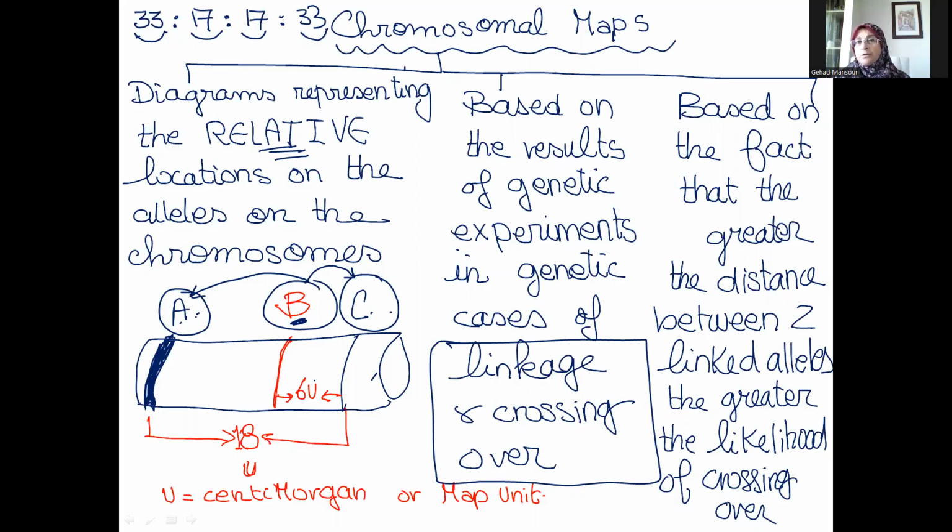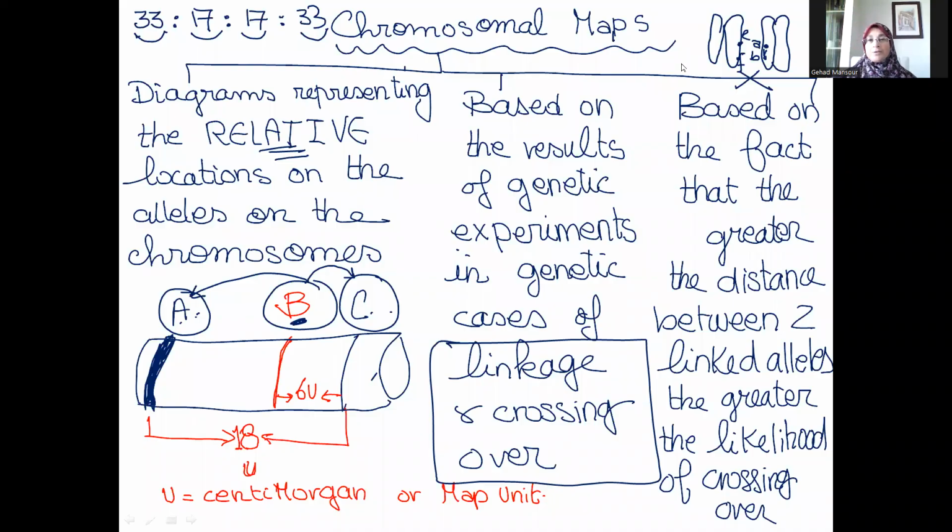And this sounds logical, because if the two alleles, for example, A capital B capital and A small B small, are very close on the chromosome, there wouldn't be place for crossing over to occur. For example, if this is the first chromosome and this one is its homologue, then if I have A small here and B small here and E small here and F here, this small difference would not allow crossing over to occur.